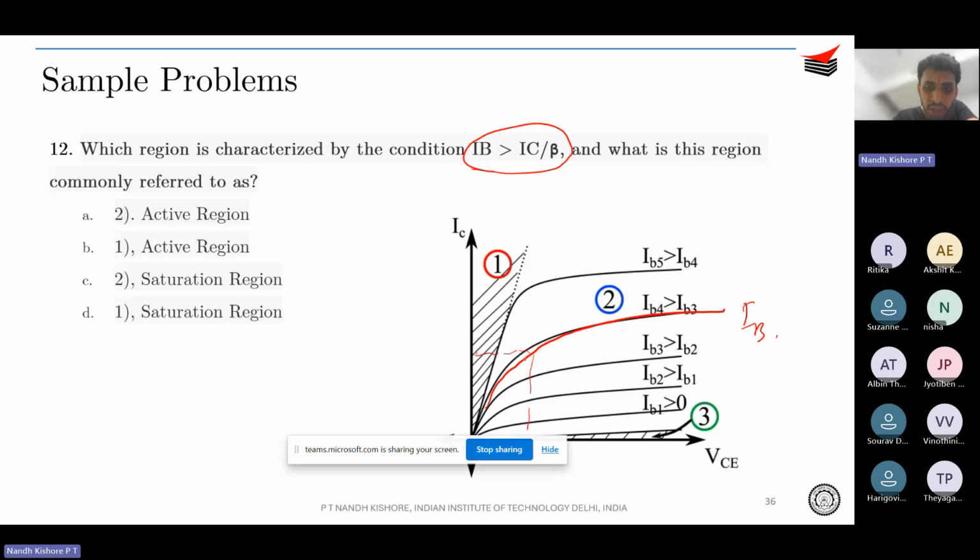So what happens in this particular region, that is in the saturation region, we told that your beta value is lesser for the same IB. That is what will yield you IC, right? IC is equal to beta IB, you know that. So for lesser value of IC, your beta needs to be lesser. Beta effective needs to be lesser.